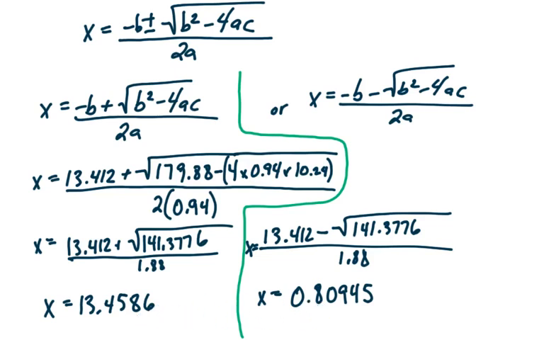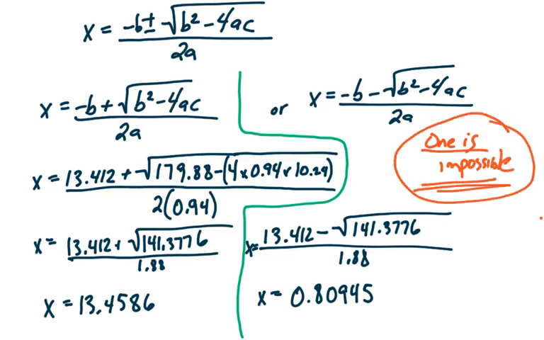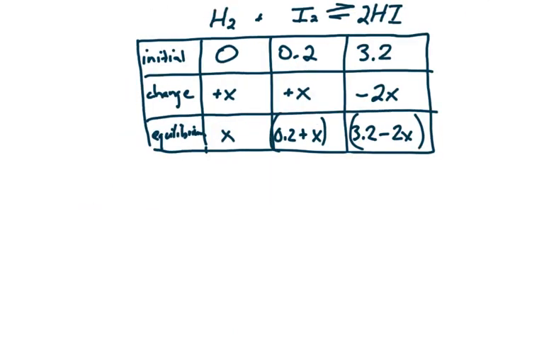Well, here's the key. One answer is impossible. And it's always going to be that. One of your values for x is going to be physically impossible for this reaction. The question is, which one?